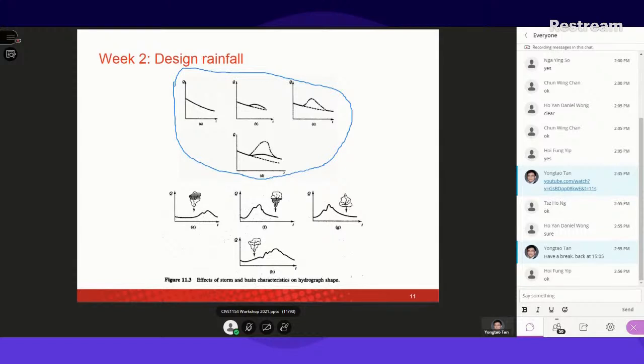Part B shows the initial hydrograph changes due to the precipitation, due to the rainfall.